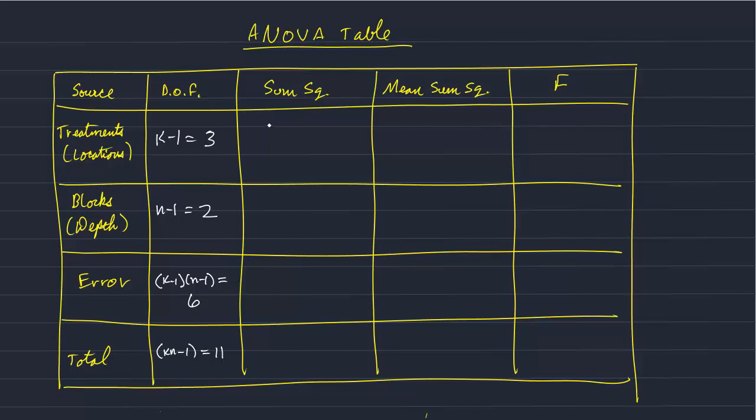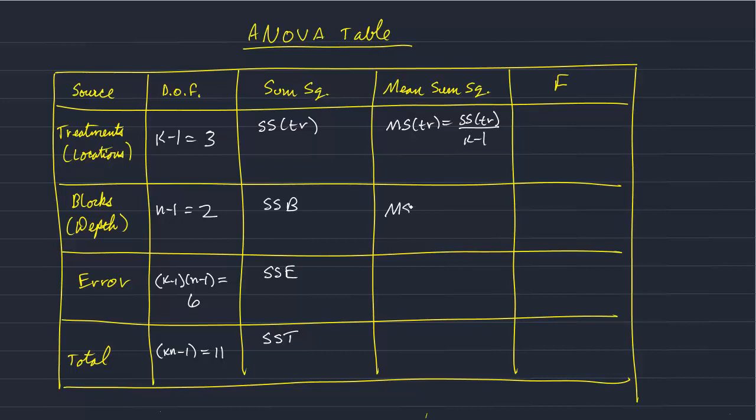Okay, to fill in the sum of squares column, we have SSTR, we have SSB, SSE, and SST. The mean sum of squares is simply SSTR for the treatments over the number of degrees of freedom.